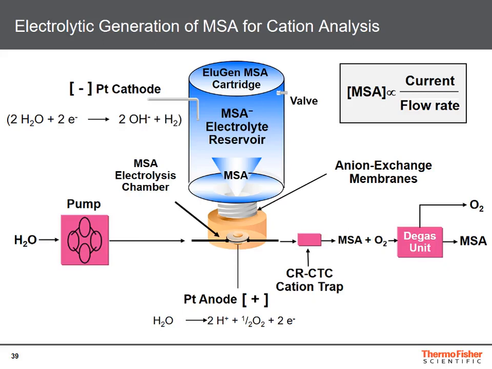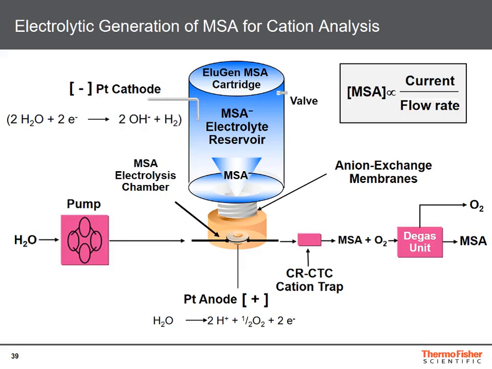Everything is exactly the same as we have seen before for the hydroxide cartridge. The only difference is we have methane sulfonate electrolytes in the reservoir connected to anion exchange membranes, and we have the anode in the electrolysis chamber and the other electrode in the electrolyte reservoir.